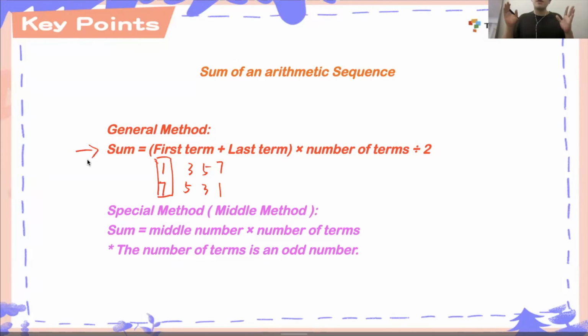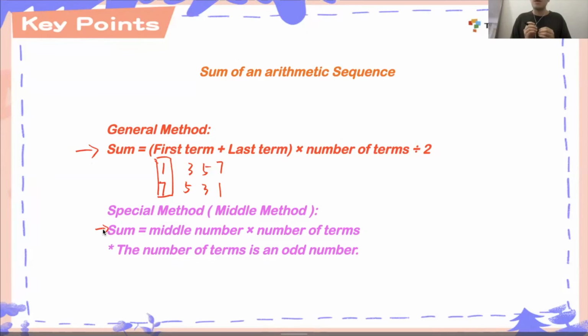Okay, and we have another special method that is middle method. That is the sum of one arithmetic sequence, that is middle number times number of terms. And the reason we have this method is in this special arithmetic sequence, the middle number is always the average number of this arithmetic sequence.